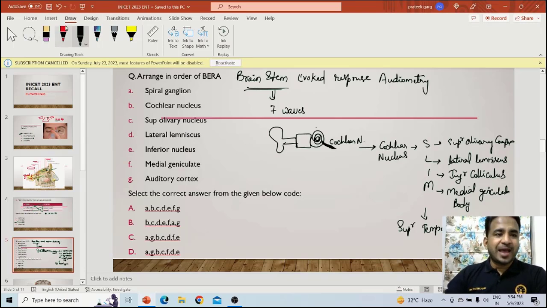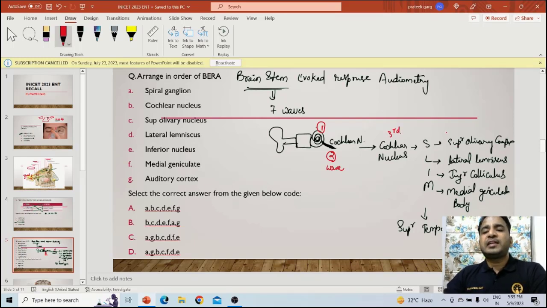So basically in BERA, what is happening is waves 1 to 7. How are these numbered? Wave 1 is the distal part of the cochlear nerve, so the spiral ganglion. Then comes the proximal part of the cochlear nerve, proximal to the brainstem. So that consists of wave 2. Then the third wave is at the level of cochlear nucleus.